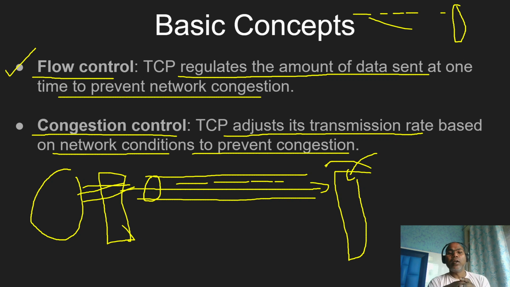You cannot say the sender has a very high bandwidth and can send KBs of data, but the receiver has a very limited bandwidth capacity and can process only some bytes per second.